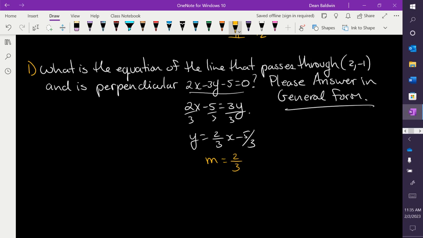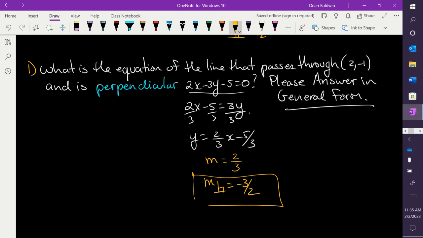Now, I've said it is perpendicular to that line. So what's the slope of our line that we want? So m perpendicular is going to be -3/2. Flip, throw a negative in front, right? Okay, we got our slope.